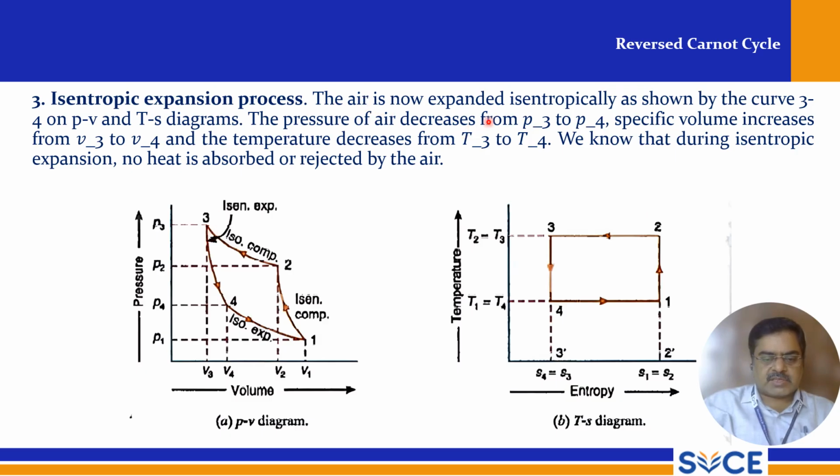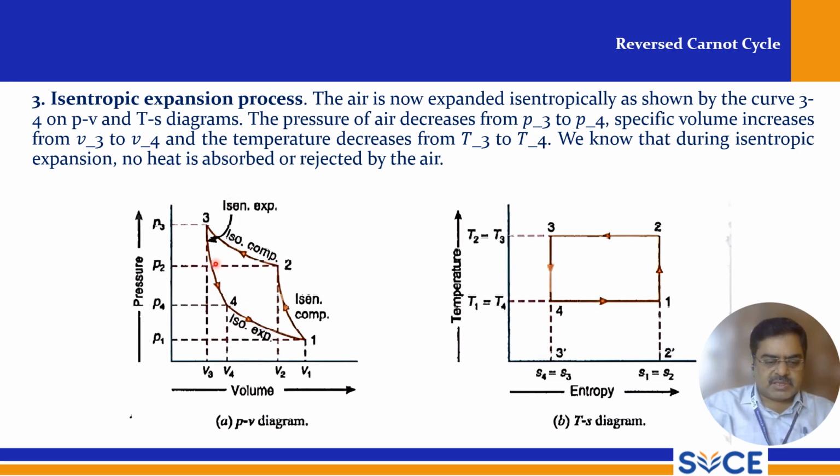The air is now expanded isentropically as shown by the curve 3 dash and 4 on the PV and TS diagrams. The pressure of air decreases from P3 to P4. A huge pressure drop is happening in the expander, and volume increases.